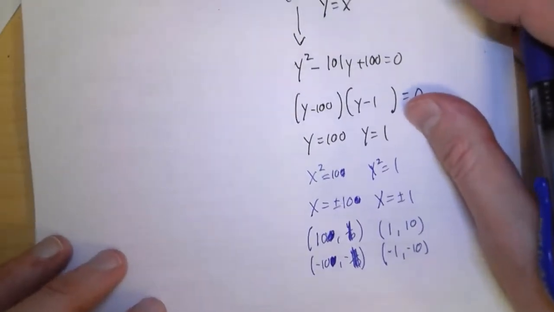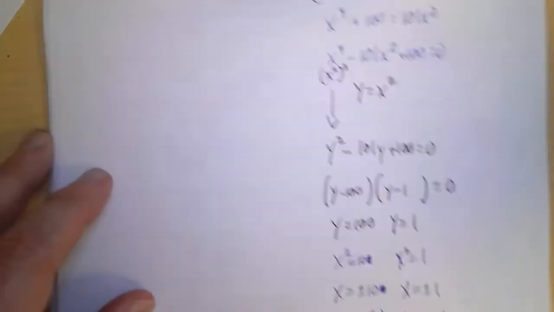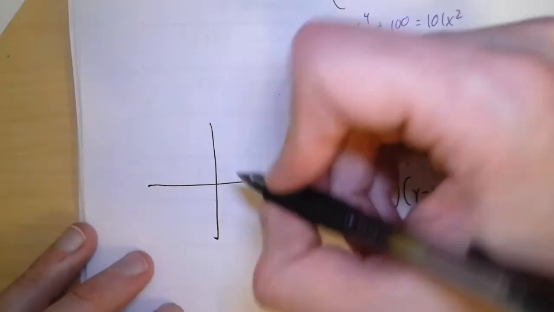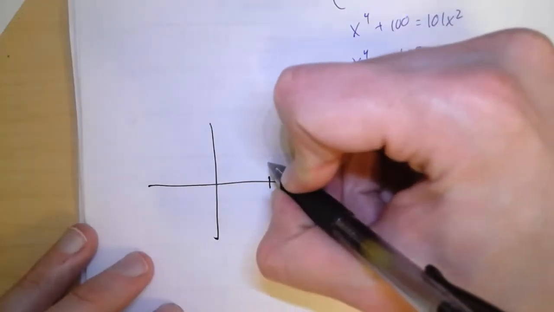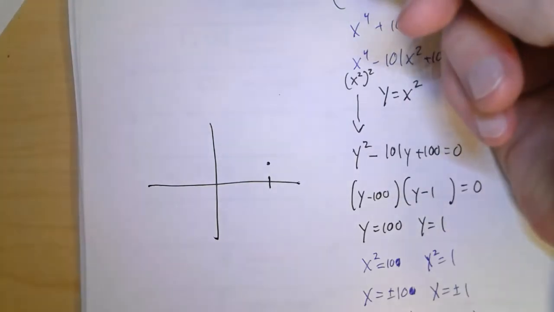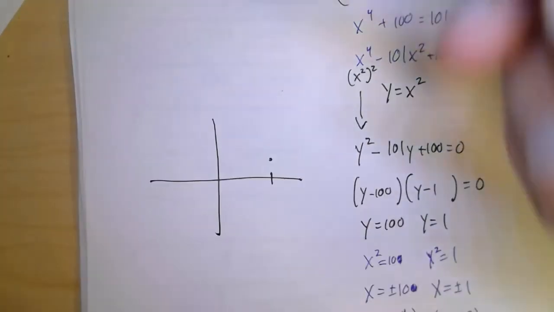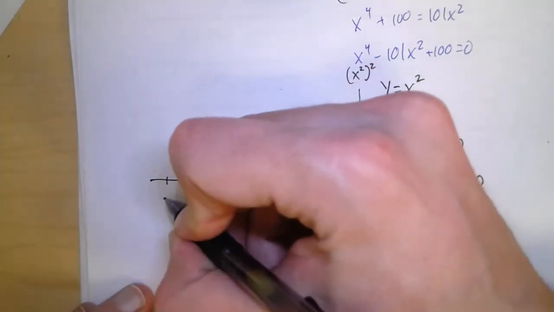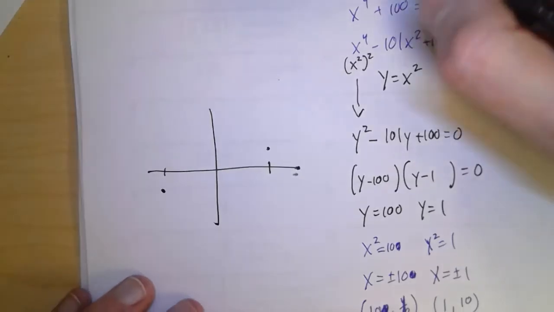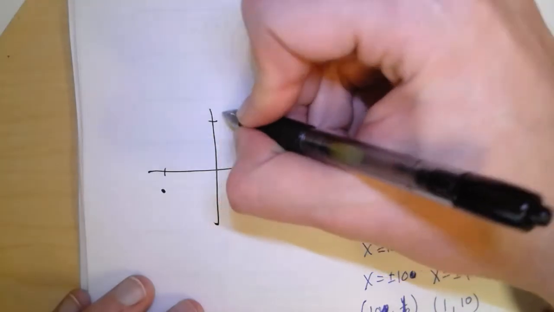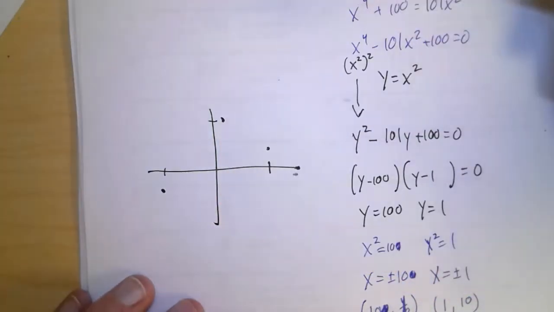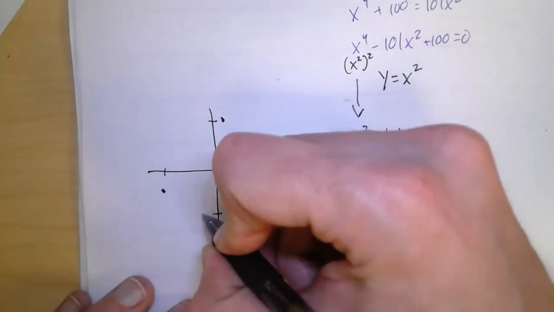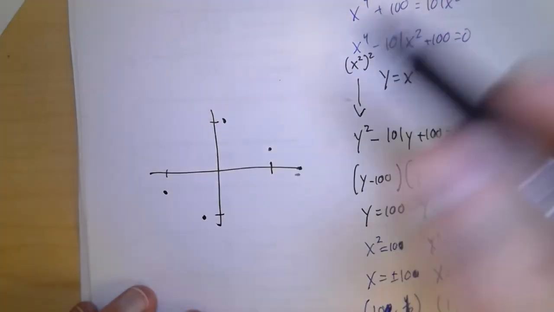All right. So our 4 points of our rectangle are located at 10, 1, negative 10, negative 1, 1, 10, and negative 1, negative 10 down here.